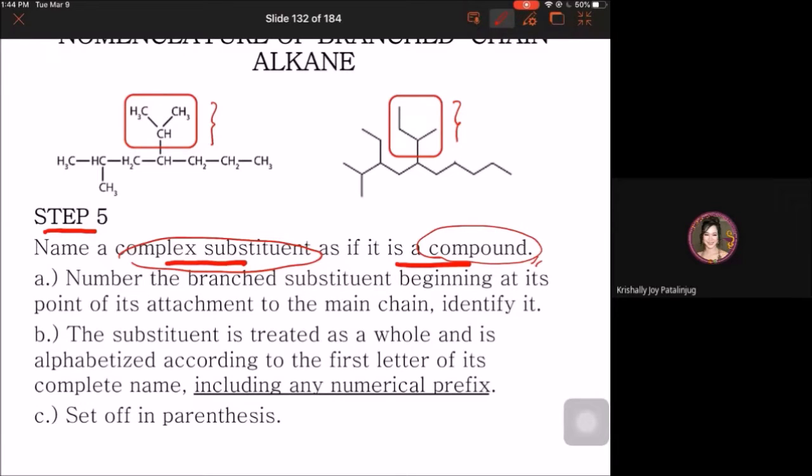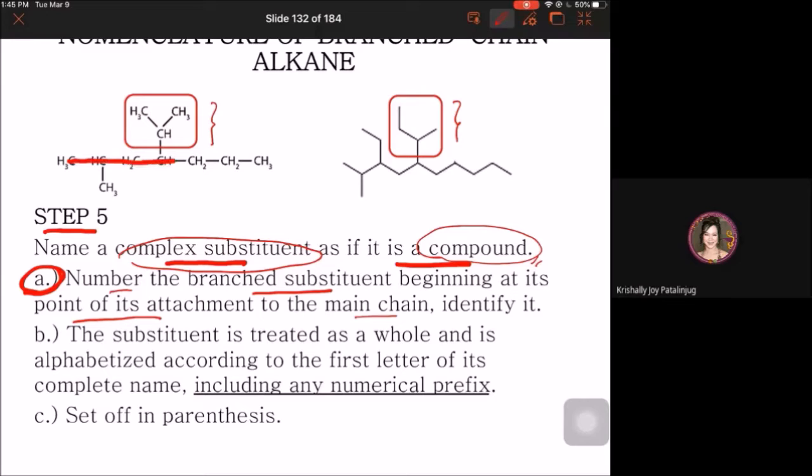So go back to step 1. In step 1, we find the longest chain. But this time, the longest chain in the substituent itself. Letter A, take note, number the branched substituent beginning at the point of attachment to the main chain.